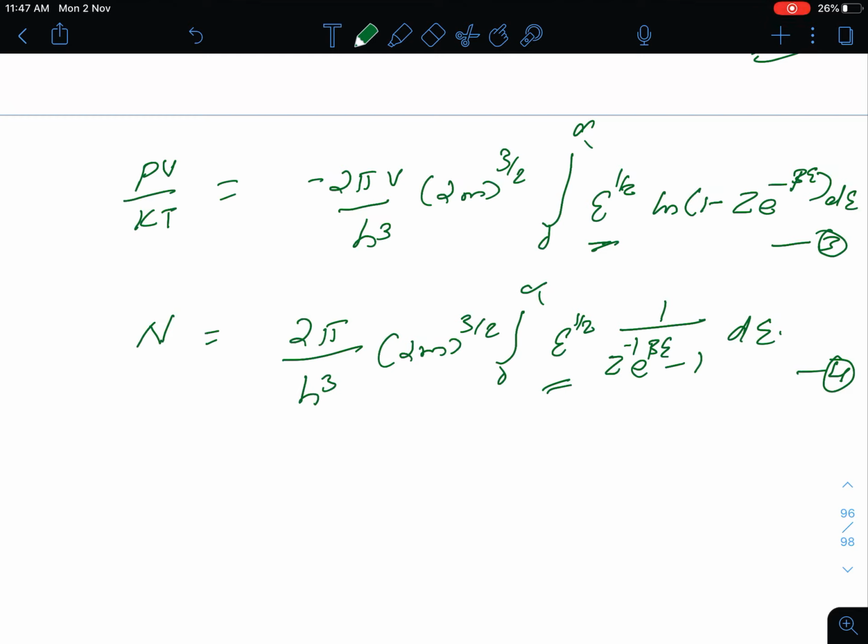So that is why you cannot start the integration from 0. I'm saying this because if your energy is given 0, the entire term becomes 0. Both the terms become 0. But we know the energy of a quantum mechanical particle at the 0th level is not 0 energy.